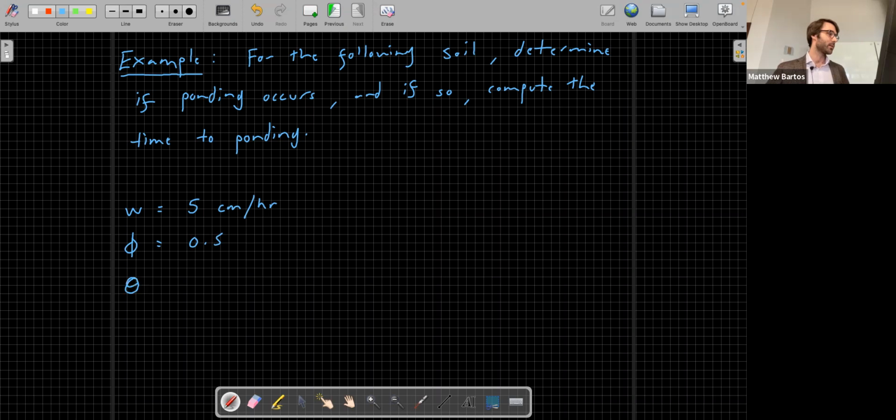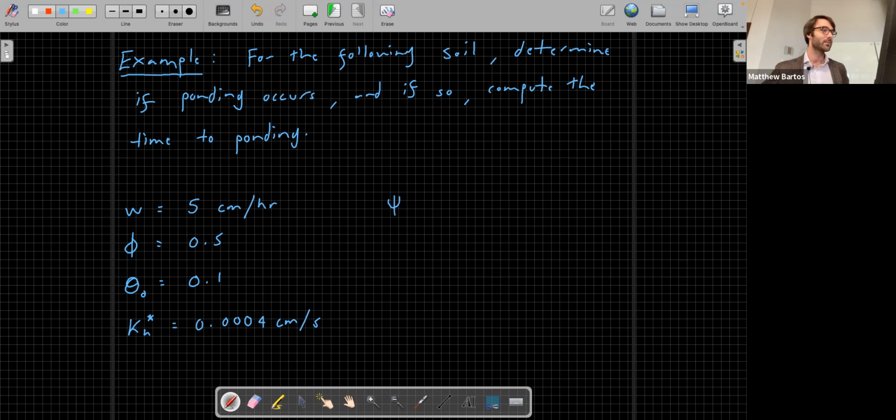Our initial soil moisture content is 0.1. Our saturated hydraulic conductivity is equal to 0.0004 centimeters per second.